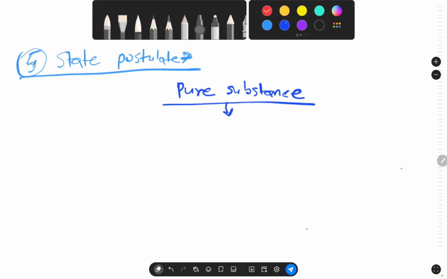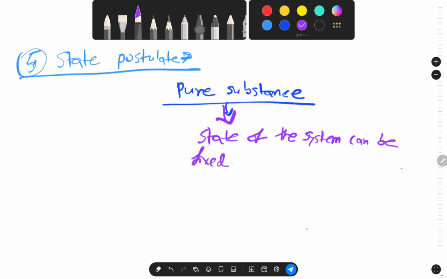The state of the system can be fixed by two independent intensive properties.